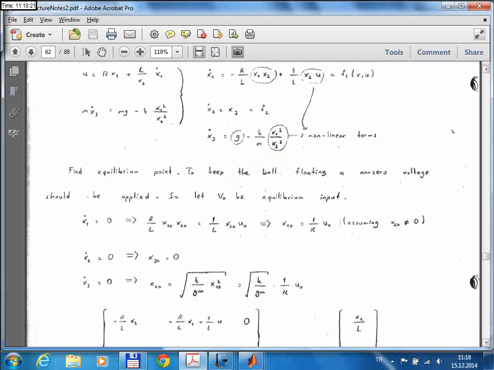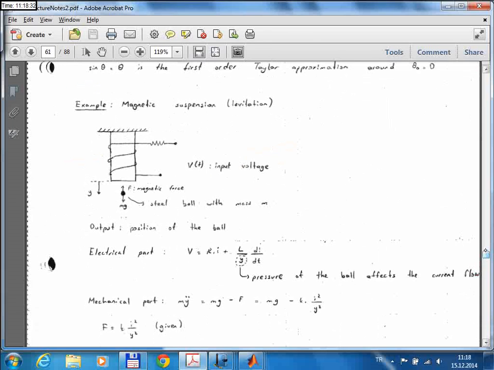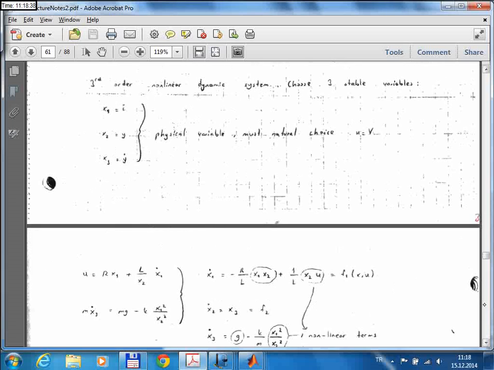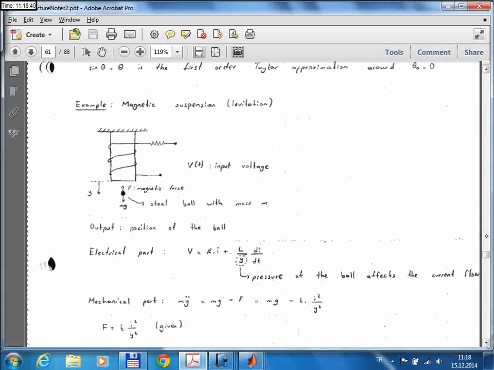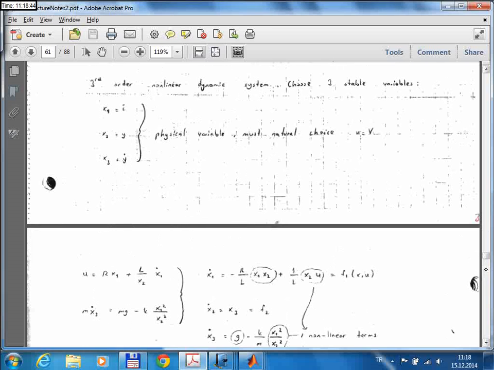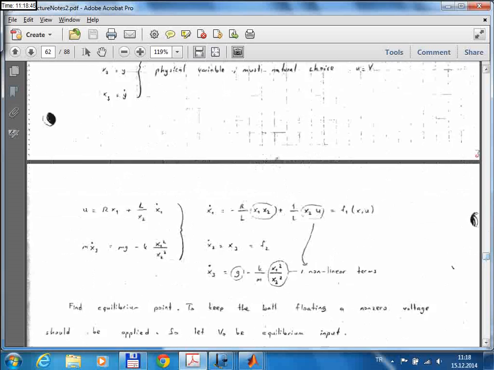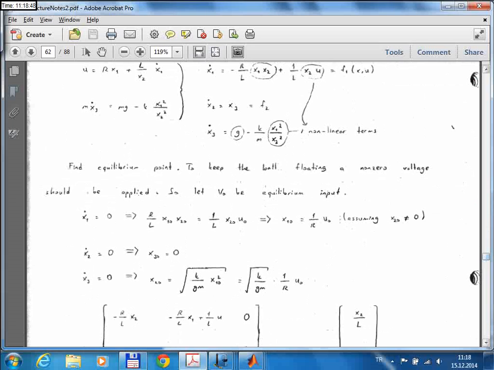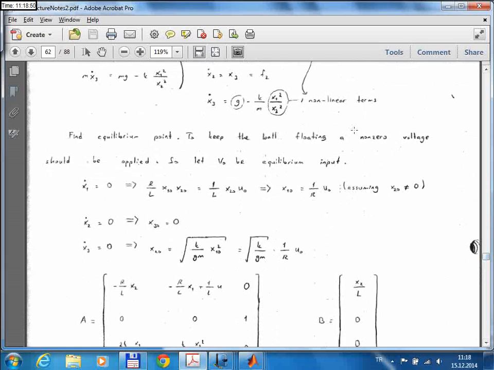So to linearize this system, we need to choose an equilibrium point. An equilibrium point means the ball is floating at some fixed distance, right? For something like that to happen, we need to apply a voltage. Without applying a voltage, we cannot keep the ball floating in the air. So to find the equilibrium point, there needs to be a non-zero voltage applied.